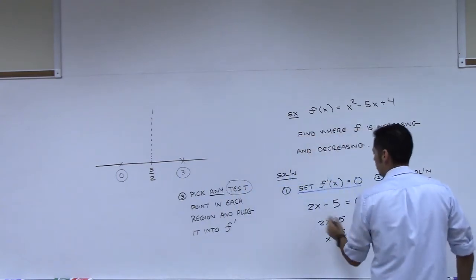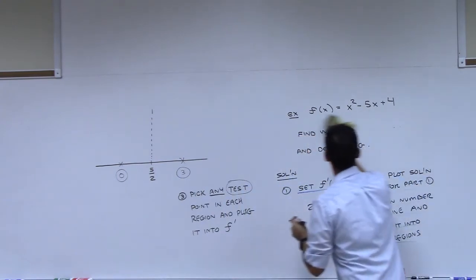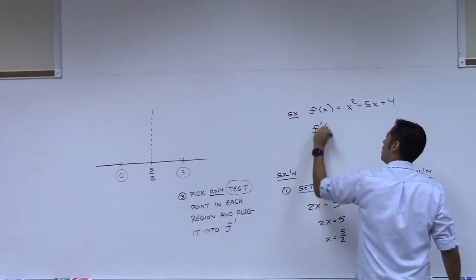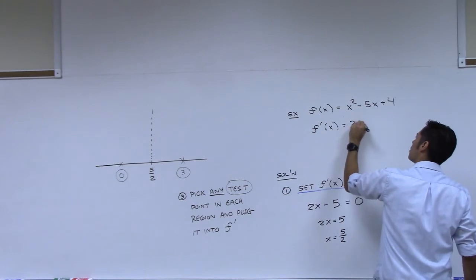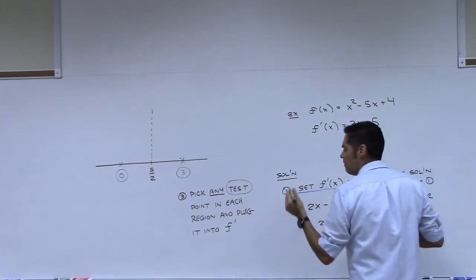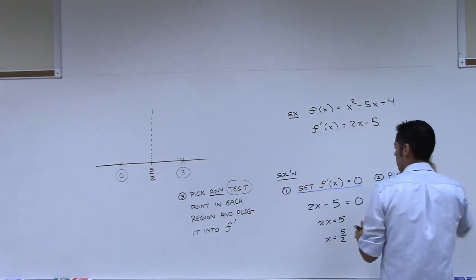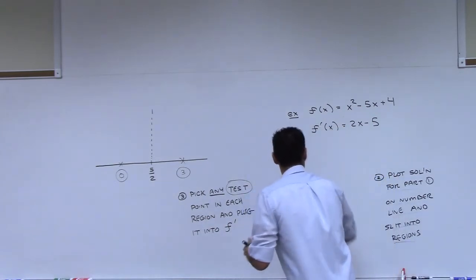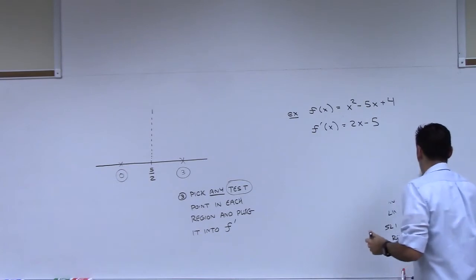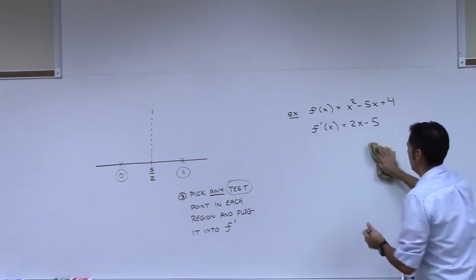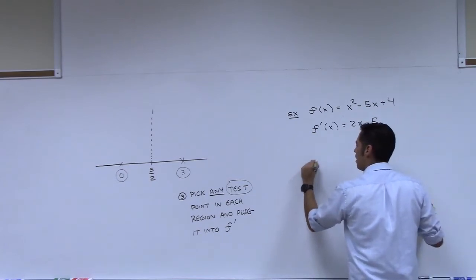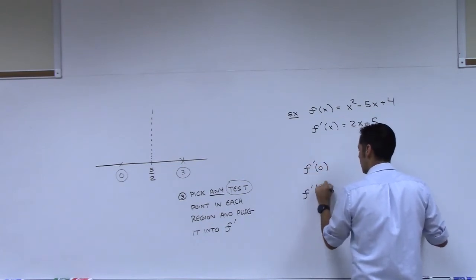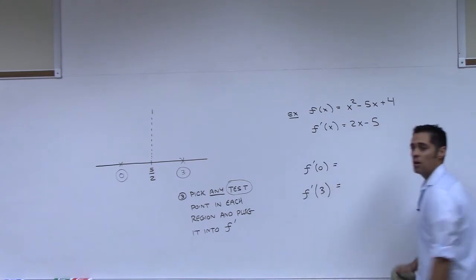Here's my derivative, I'll write it down up here again: 2x minus 5. So now I'm doing step 3, which is to plug these in. What I need to do is f prime of 0 and f prime of 3, and figure out what my answers are.